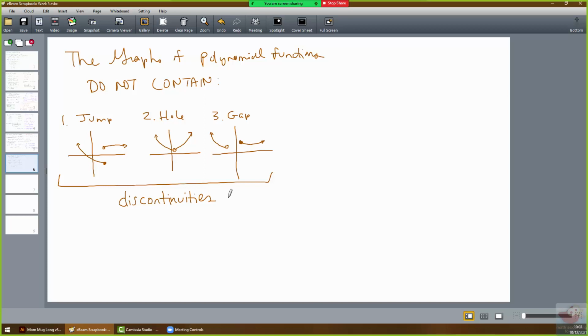There's actually another discontinuity that we could talk about. There's no asymptotes. Now, a horizontal asymptote you can't have, but the one that would be considered a discontinuity would be a vertical asymptote.